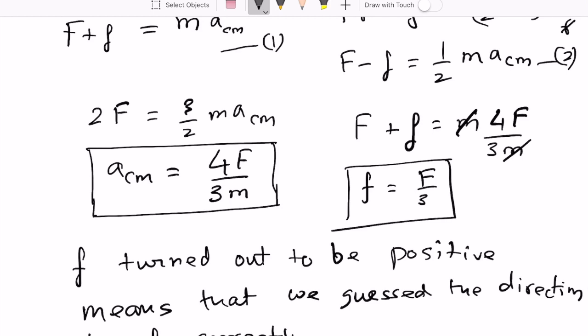I told you that in the end, the math would set you right if you had made the wrong choice regarding the direction of friction. In this case, we had guessed the friction to be to the right. We got a positive answer for the friction when we solved for it, and that is the math telling us that we had chosen the correct direction for friction.